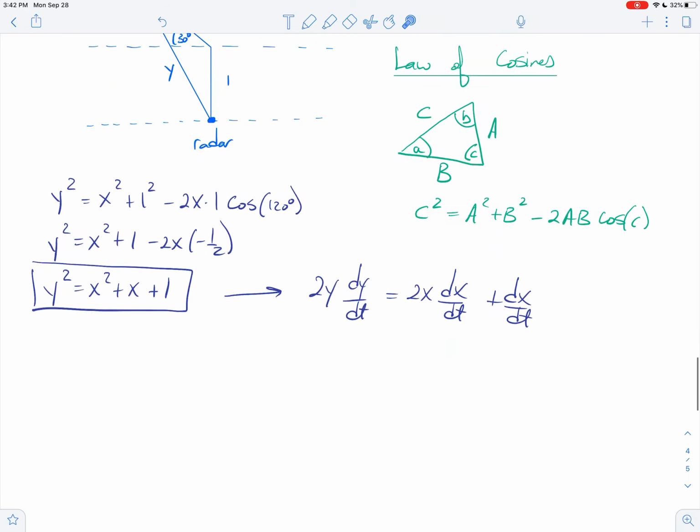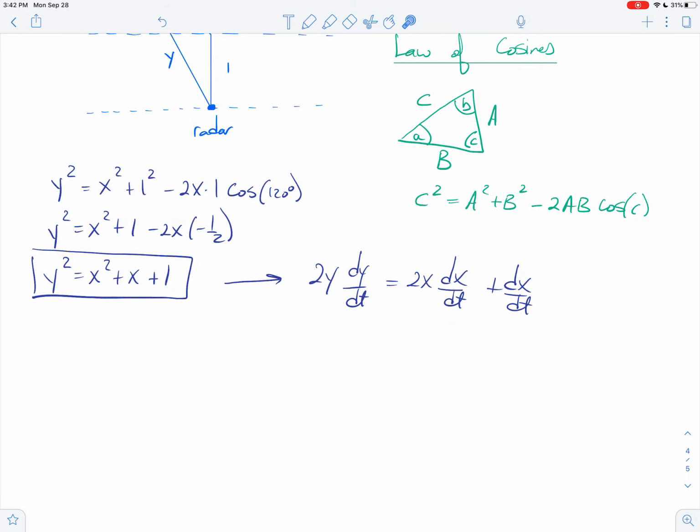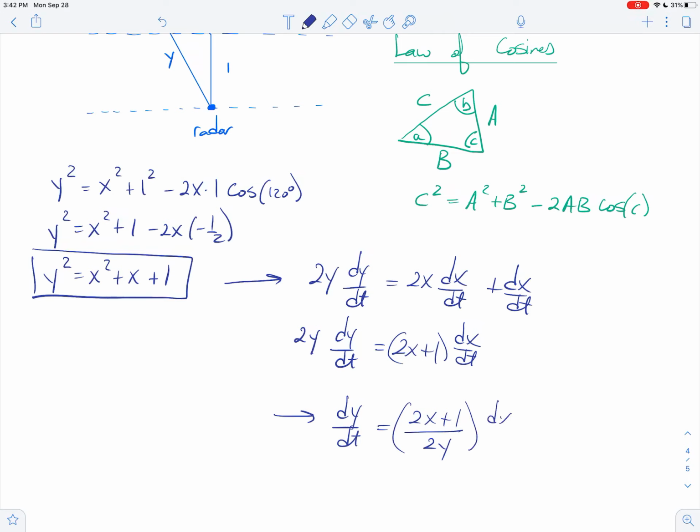So if you want, we can actually solve for dy dt. Let's begin by realizing that 2y dy dt is the same as 2x plus 1 times dx dt. And so that means that dy dt, what we want, is 2x plus 1 divided by 2y all times this dx dt. Okay, so we found the formula.